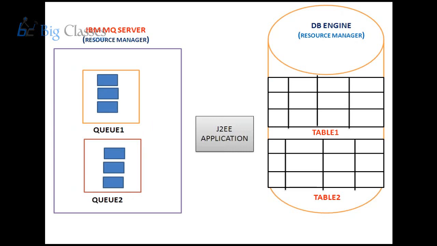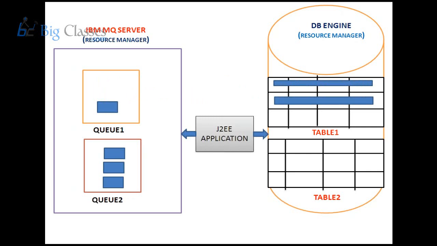In between these two resource managers, you have an application. It is a J2EE application connected to the IBM WebSphere MQ server, and it also opened a connection to the DB engine. Now it is going to update these two resource managers: it gets the data from the MQ server and inserts the data into the database.